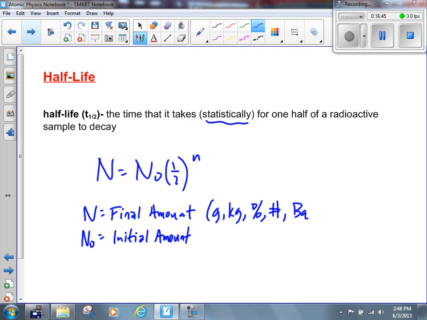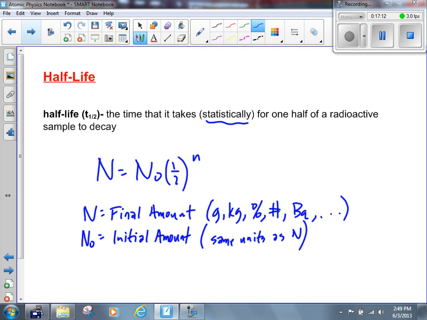Doesn't matter which one you use, as long as you're consistent with N0. Use grams, use becquerel, use percent, I don't care. Use whatever works for you, as long as you use the same units for N0 as you do for N.